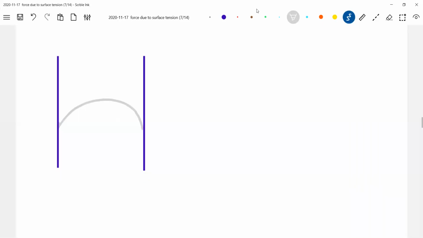Now how are the molecules here? The theory, imagination, is very important. Once you get this clarity, I think you can manage the numericals very easily.